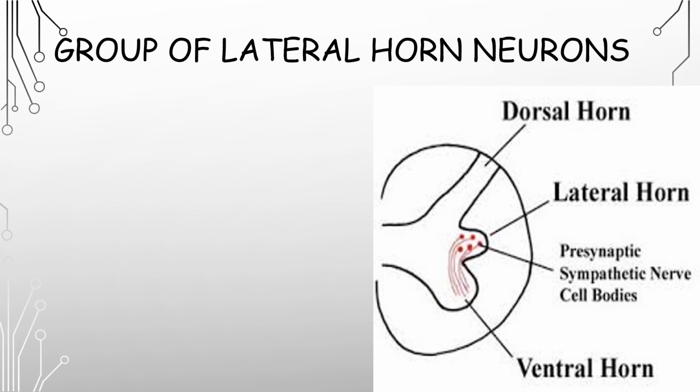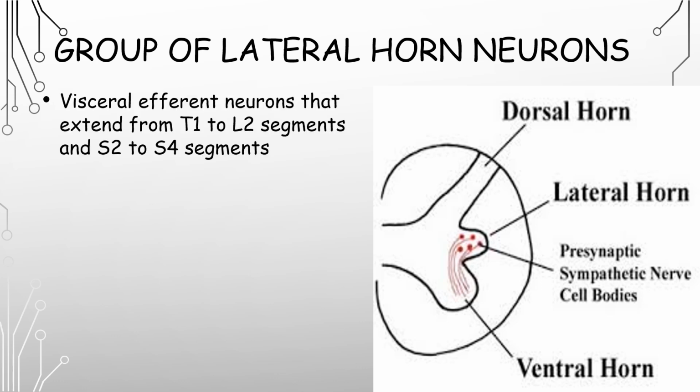Next one is the group of lateral horn neurons. They are also called neurons of the intermediolateral group of visceral efferent neurons. They extend from T1 to L2 segments and from S2 to S4 segments of the spinal cord.